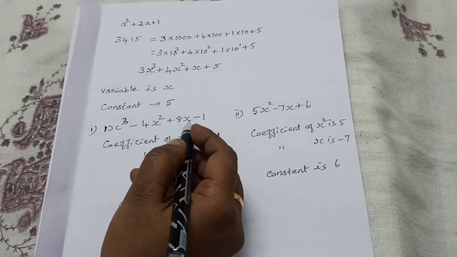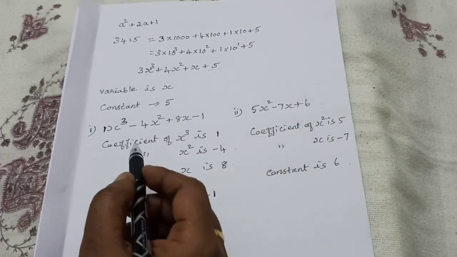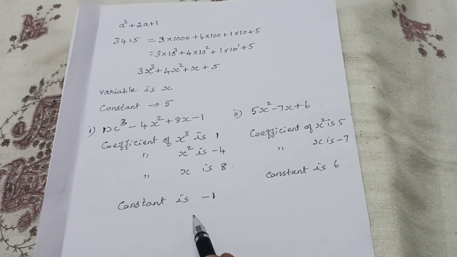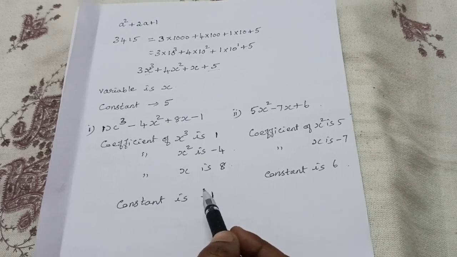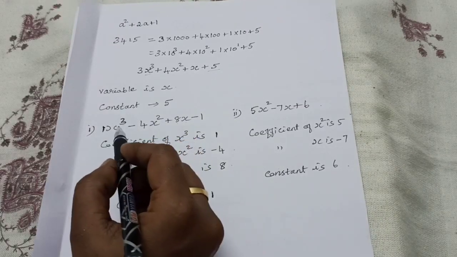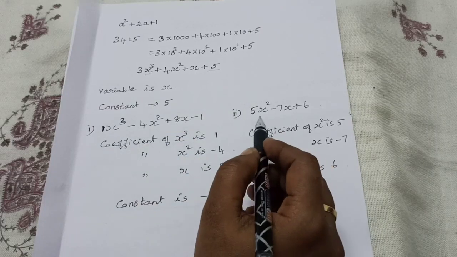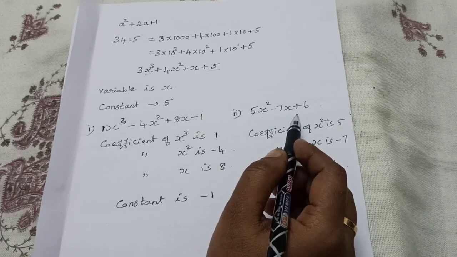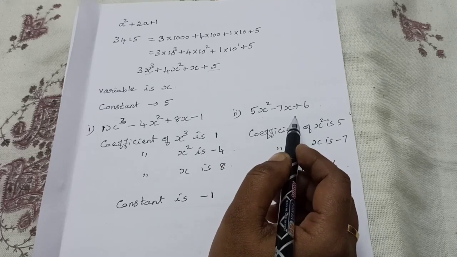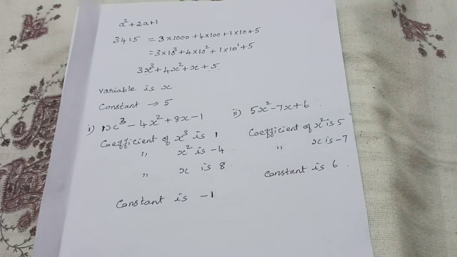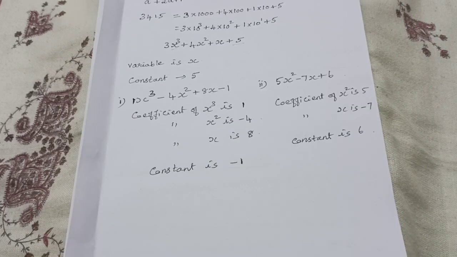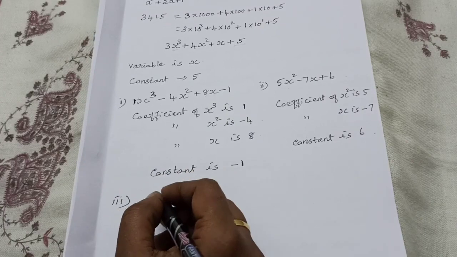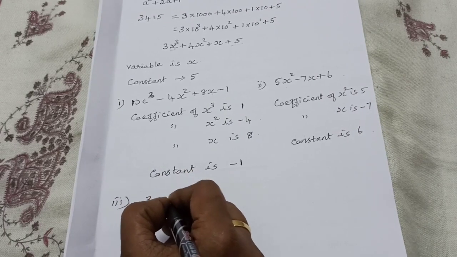So these are two algebraic expressions, and this is how to find the coefficient of x cube, x square and the constant. Are you clear? Which is the variable here? X is the variable. Here also only one variable is there, that is x. Any doubt? One more example: 3y minus 2.